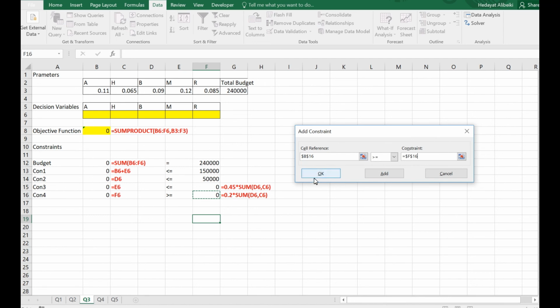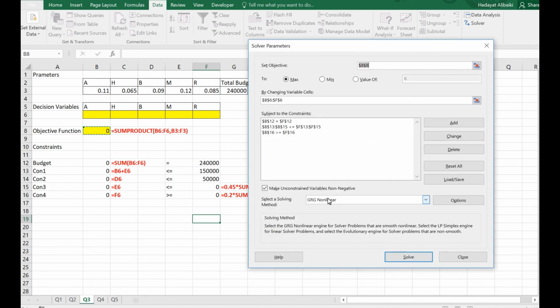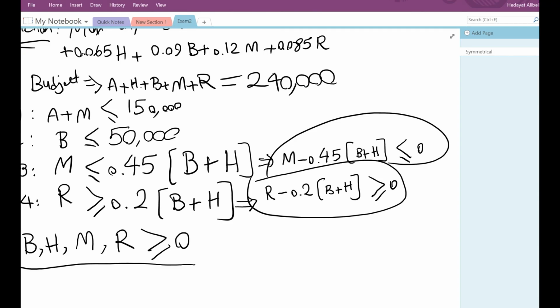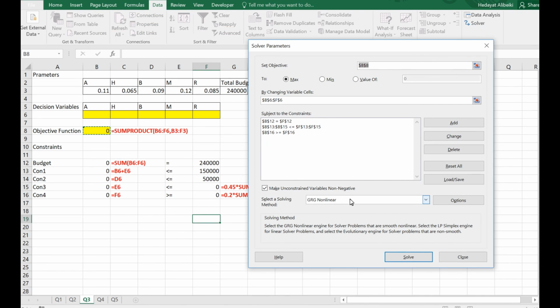Okay. Make unconstrained variables non-negative, A, H, B, M, R. So this is good, non-negativity constraints as we have here. Right, and then we're going to use Simplex LP, and that's it. This should be good enough.